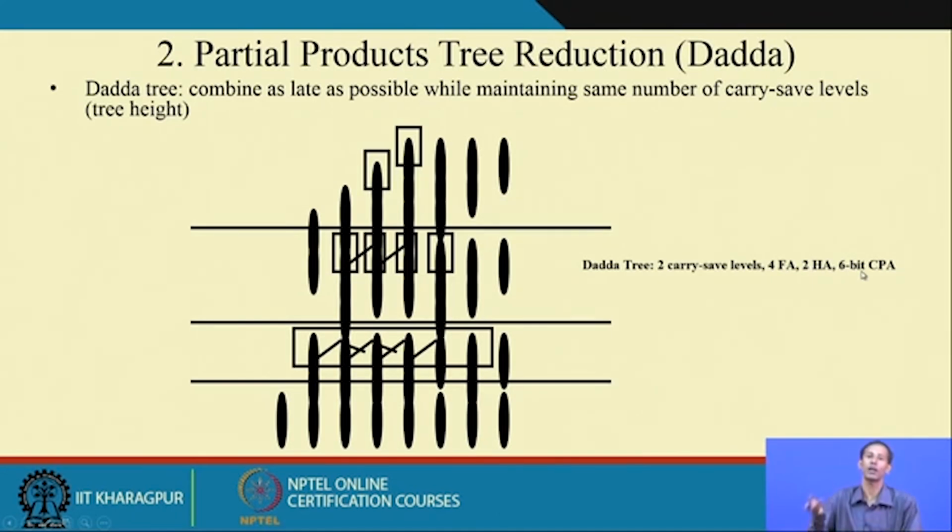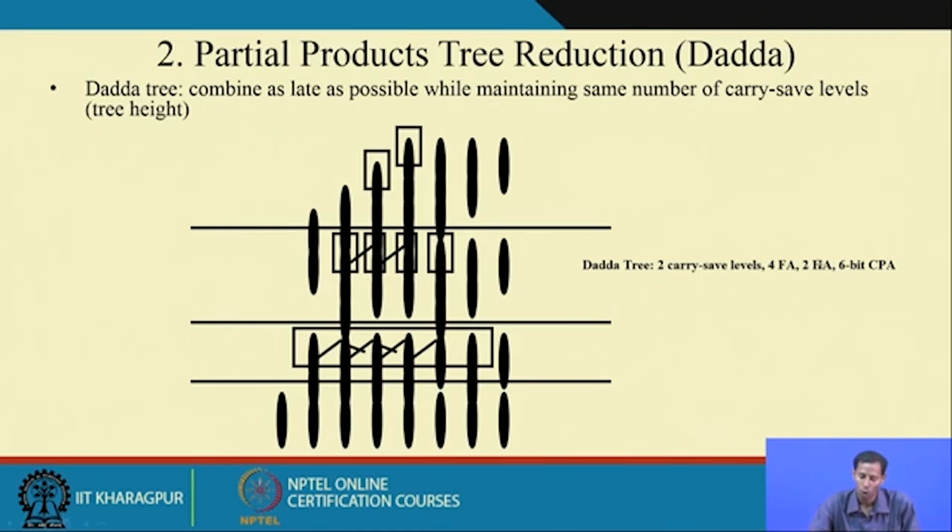In the previous case I used a 4 bit carry propagate adder and 8 adder cells, 5 full adders and 3 half adders, but here, instead of 4 bit in the Wallace tree, I have to use a 6 bit carry propagate adder in the Dadda tree method.